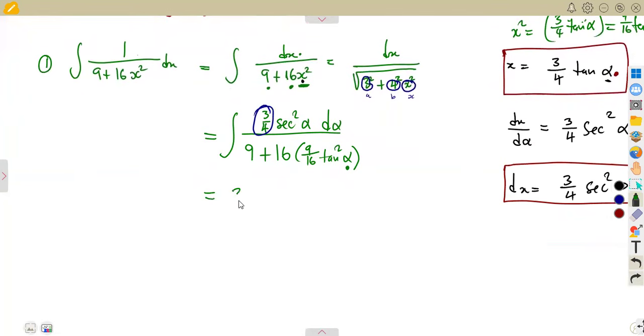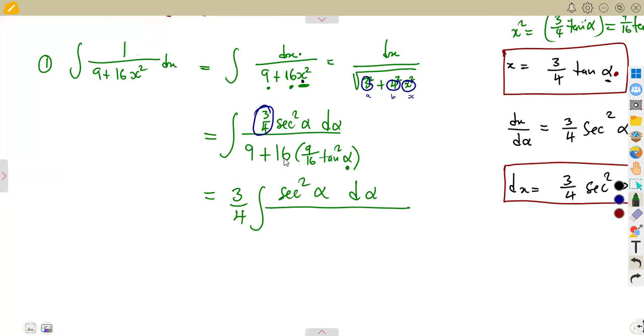So we're going to have 3 over 4, the integral of what is remaining here. It was just supposed to be 3 over 4 over 1, so 3 over 4. So we have the integral of sec squared alpha d alpha.